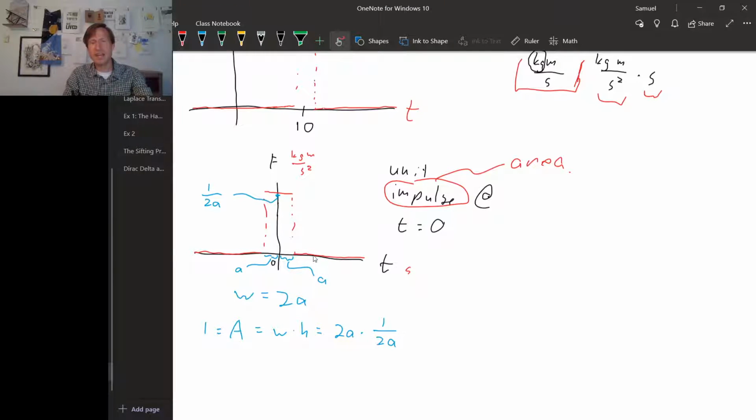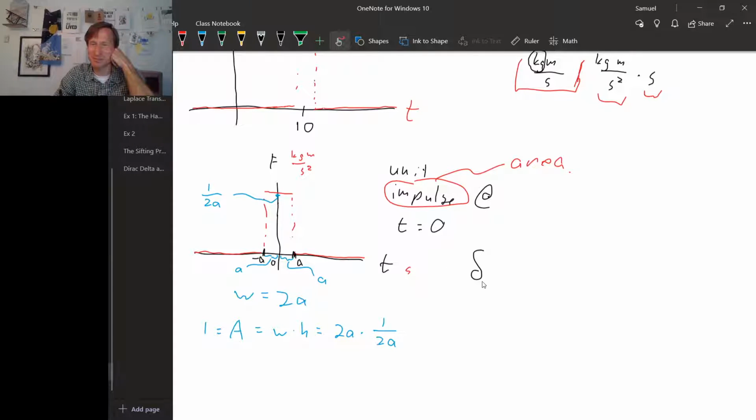All right, so now we know how wide this interval is and how tall the graph is, so maybe we can write down a formula for this graph. You can see there's a step function that turns on at time negative a, and then it turns off again at time a. For traditional reasons, we're going to call this graph delta.